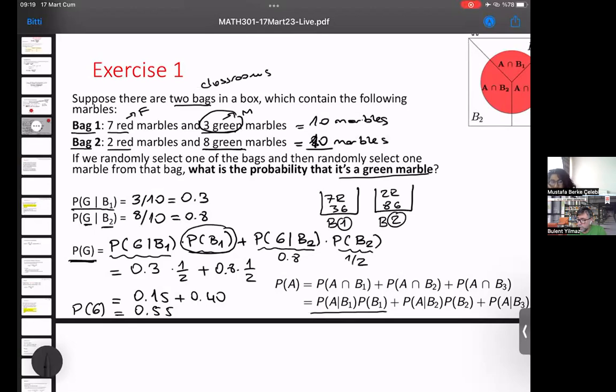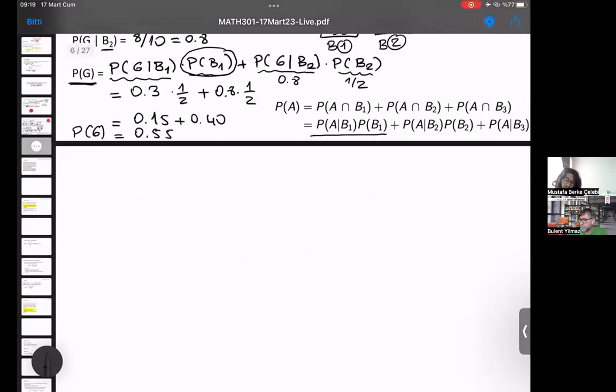In another classroom there are 2 female and 8 male students. And what's the probability of obtaining a male student when I randomly select one of the classrooms? There are many different examples that you can do like that. Is that clear? Any questions regarding this exercise?